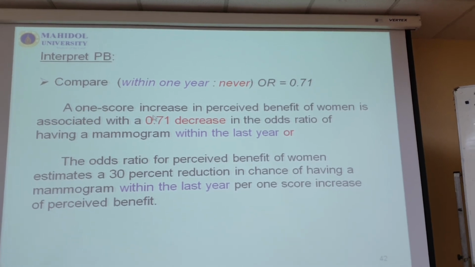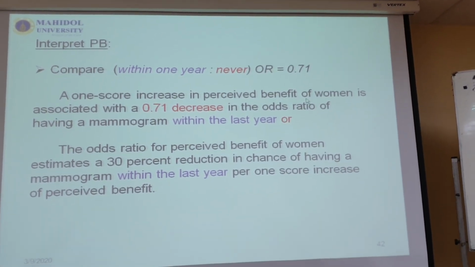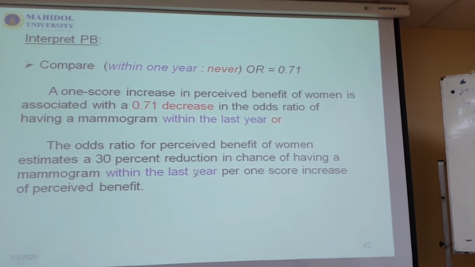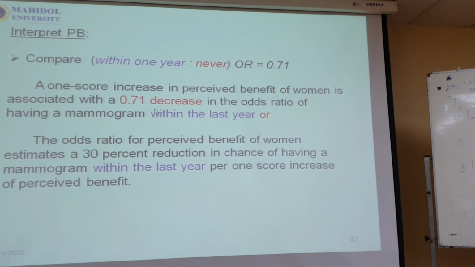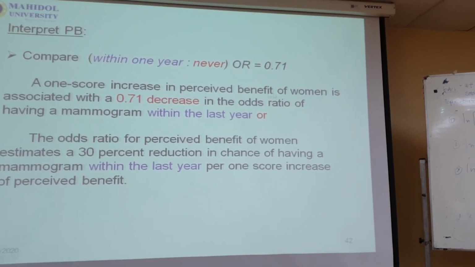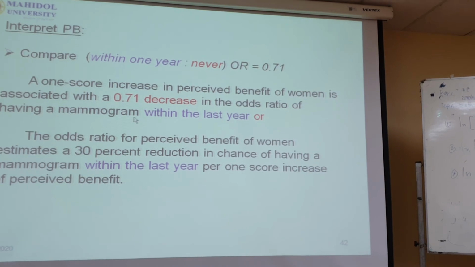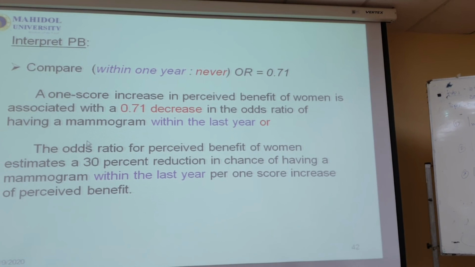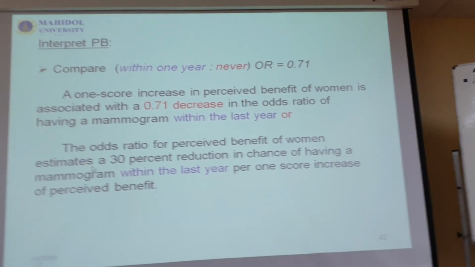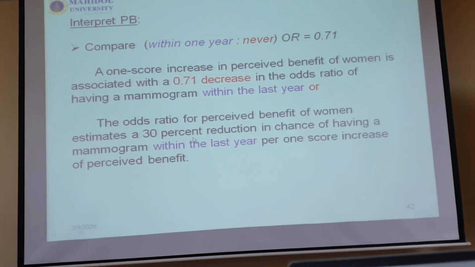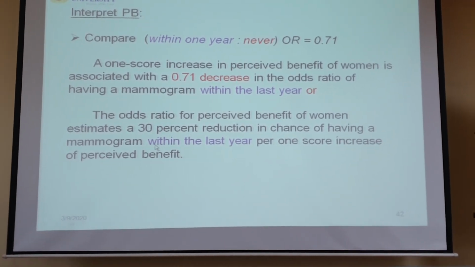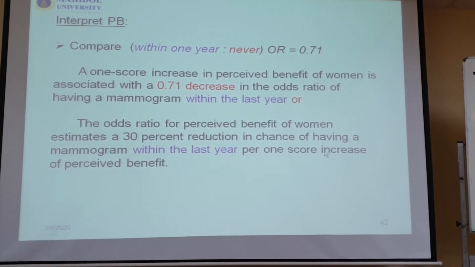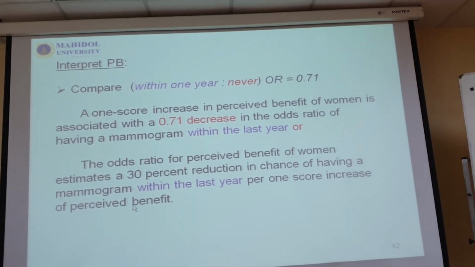So a 1 score increase in perceived benefit of women is associated with a 0.71 decrease in the odds of having a mammogram within the last year. Or to make it more understandable, the odds ratio for perceived benefit of women estimates a 30% reduction in chance of having a mammogram within the last year, because this is within 1 year, per 1 score increase of perceived benefit.